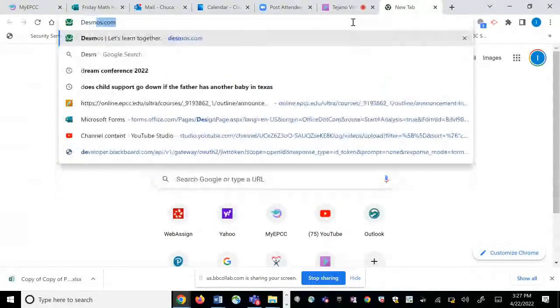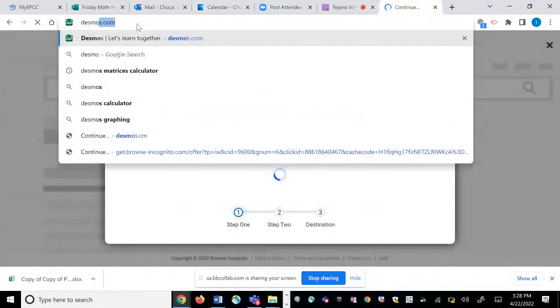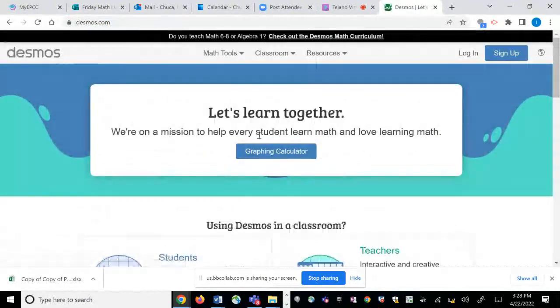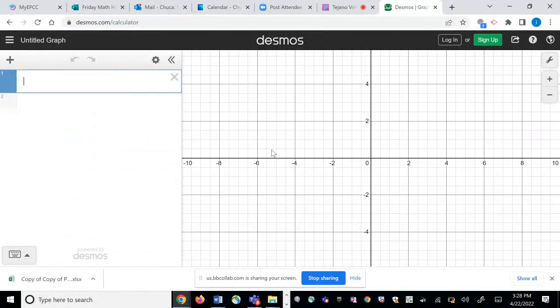So if you go to decimals.com, that's one place where you can check your work. And just click on graphing calculator.